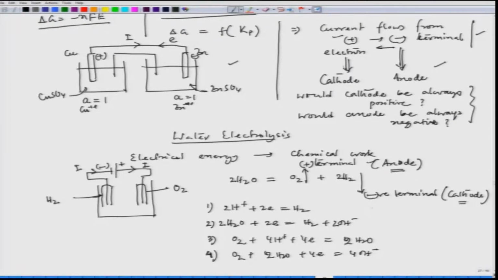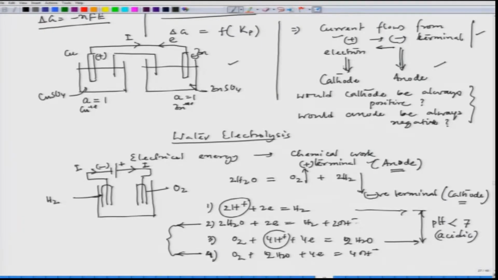Now, these two reactions involve hydrogen ions. So, they are possible when pH is less than 7, that means acidic. Now, these 2 are possible since there are no hydrogen ions involved in these reactions.